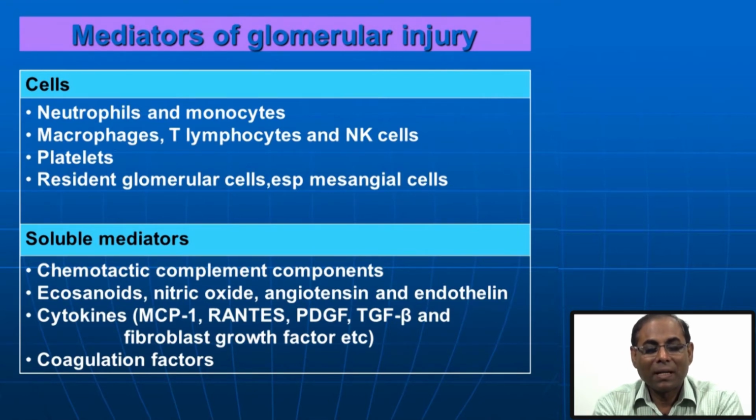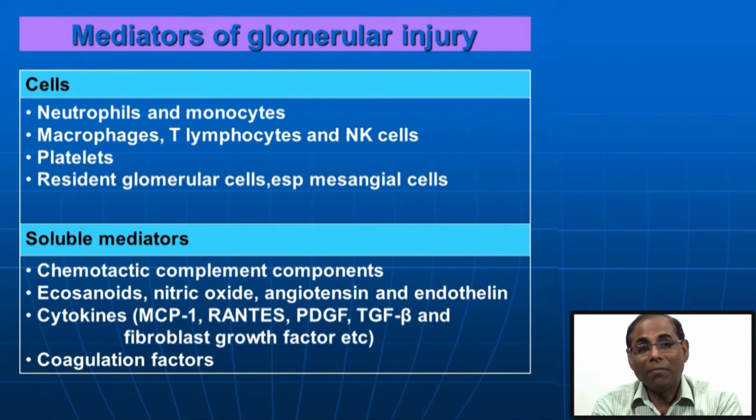Similarly, other cells which can come into the glomeruli are monocytes, macrophages, T lymphocytes, and natural killer cells. Platelets in exudative glomerulonephritis can form thrombi and activate more pro-inflammatory pathways, and there are resident glomerular cells, especially mesangial cells. Mesangial cells are derived from the mononuclear macrophage system.